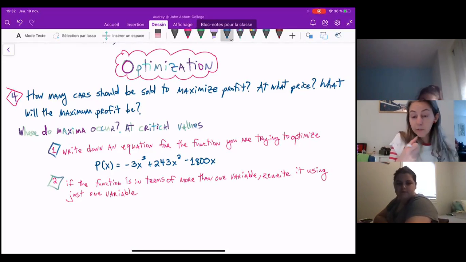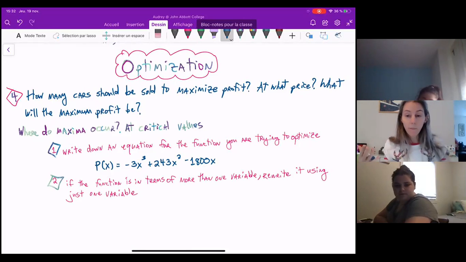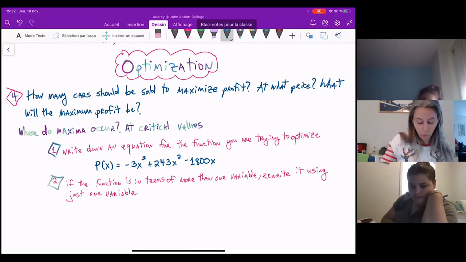That's not applicable to this problem because my profit function is in terms of just one variable. Not applicable.